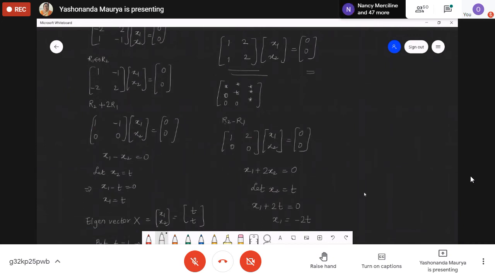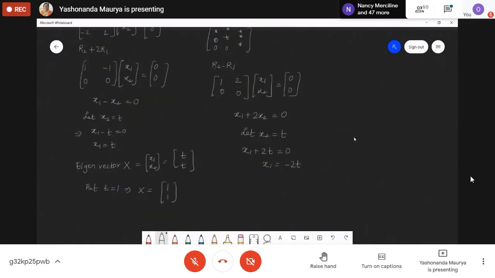Now the eigenvector x that we get in this case is x1, x2, with the values in terms of t: minus 2t and t.